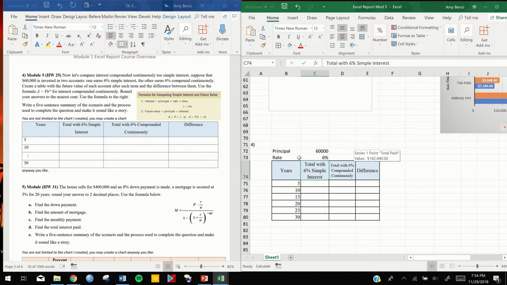All right, so there I have those. I'm going to go ahead and let this be dollars. What else is going to be dollars? All of this stuff's going to be dollars.